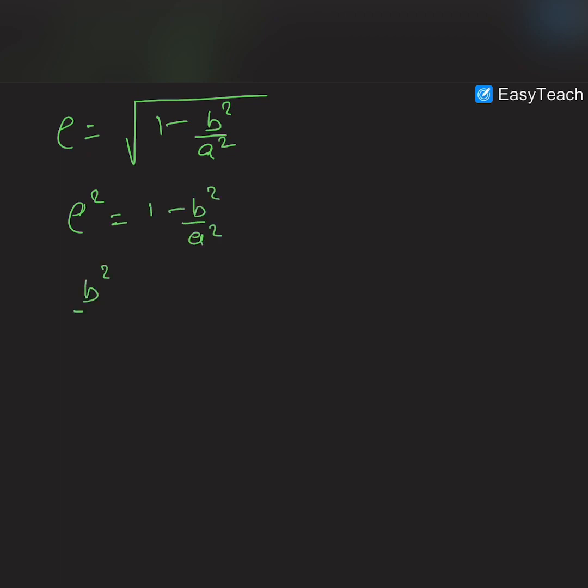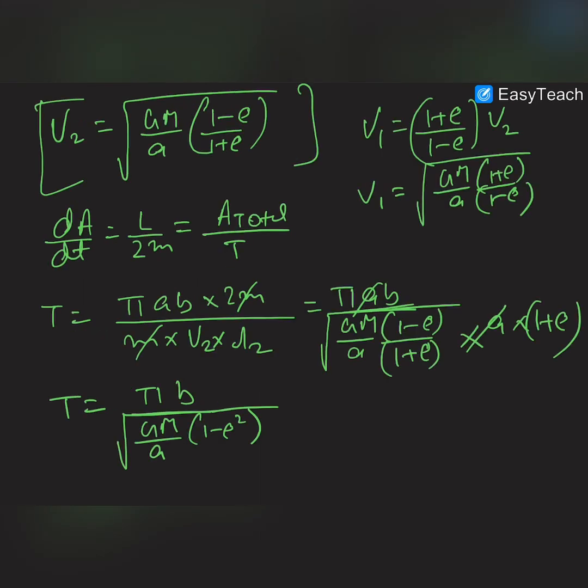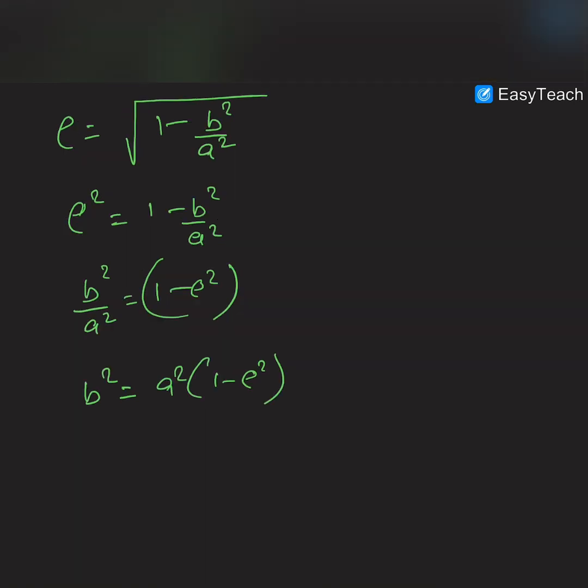So b square by a square is equal to 1 minus e square, and b square is equal to a square into 1 minus e square. So you can substitute this value and you can see that T is equal to pi b upon under root of GM by a, and I am substituting the value of 1 minus e square. So 1 minus e square is equal to b square by a square.